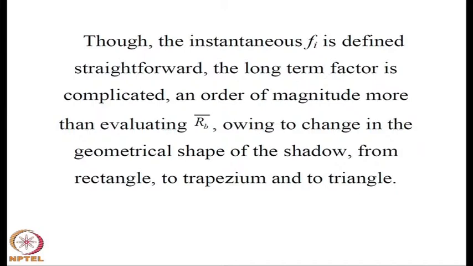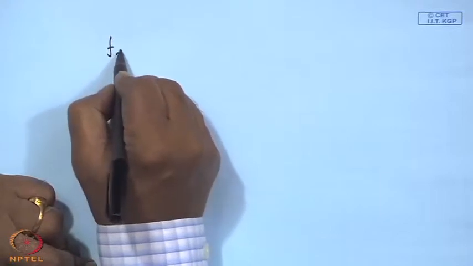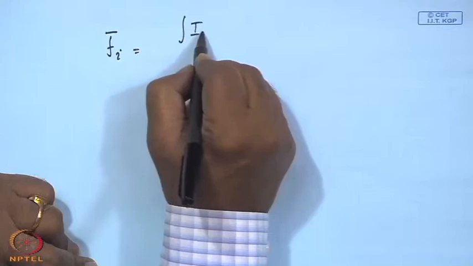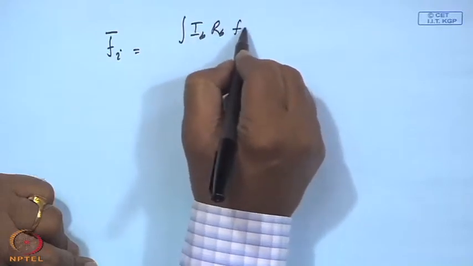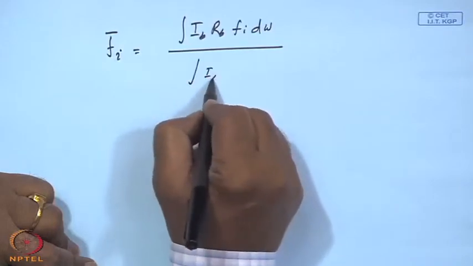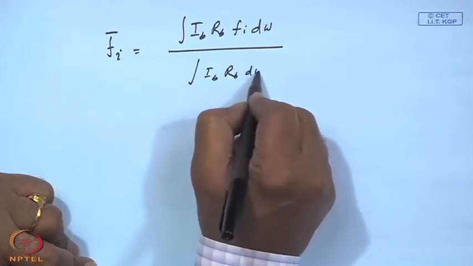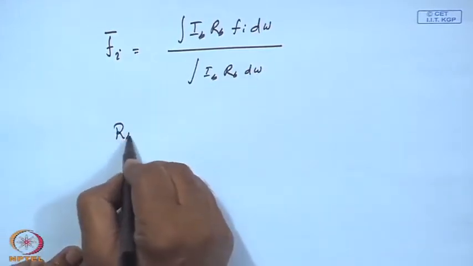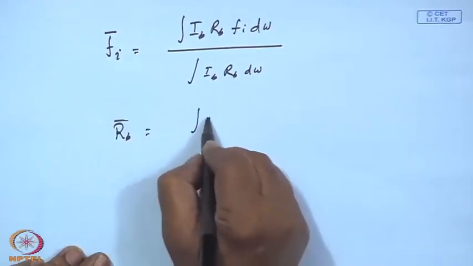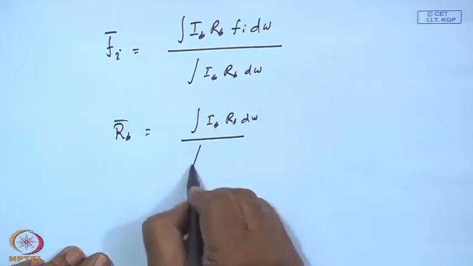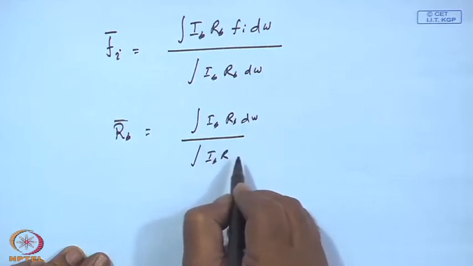So, if you want a long term value, you can always have Fi bar, the integral of Ib rb Fi d omega upon the integral of Ib rb d omega, just like we have defined rb bar as the integral of Ib rb d omega by Ib d omega.